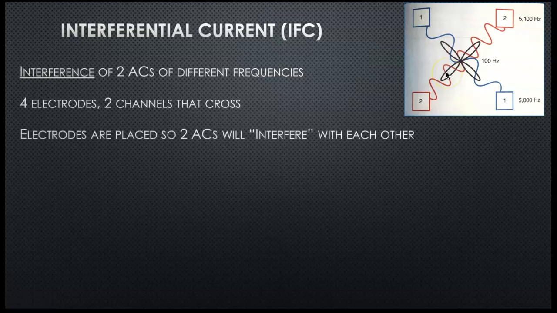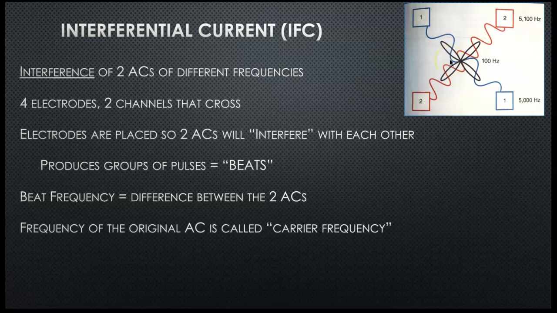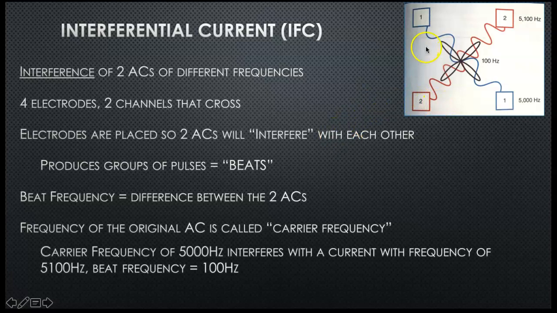They interfere with each other and produce groups of pulses called beats. On the machines you can choose the beat frequency, which is just the difference between the 2 frequencies of the channels. If channel 2 is 5100 hertz and channel 1 is 5000 hertz, the difference is 100, so that's your beat frequency.